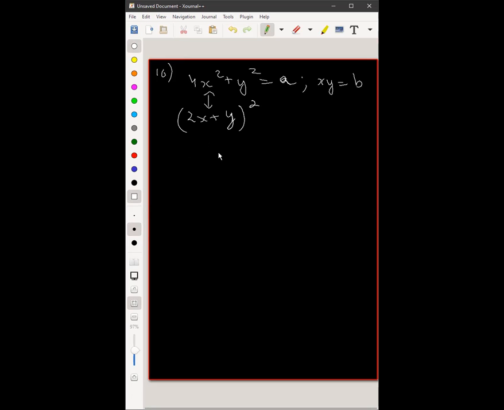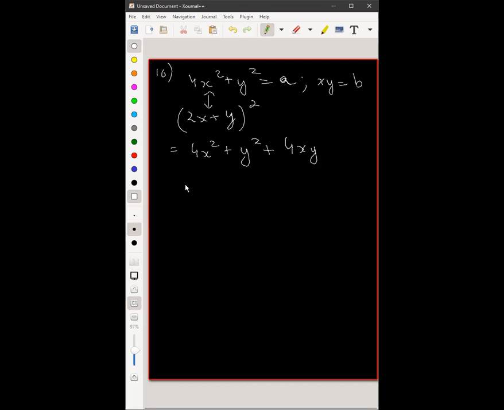What will we get if we square this? 2x square, 4x square, plus y square, plus 2 multiplied by 2x multiplied by y. So 2 into 2, so we'll get 4xy.